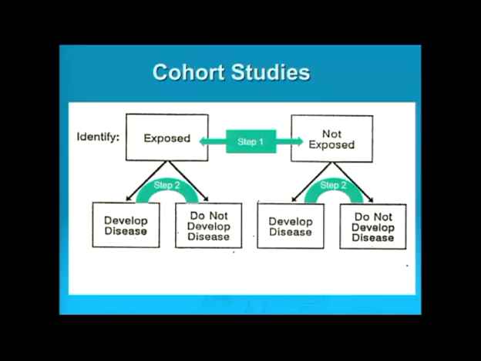So again, another figure where we select exposed and non-exposed, follow them forward, and identify who's developed the disease and who didn't develop the disease. Obviously, most of the time, if you think about the exposure as being a negative or a risk factor, you're going to expect a greater proportion of the exposed patients will develop disease than the non-exposed.